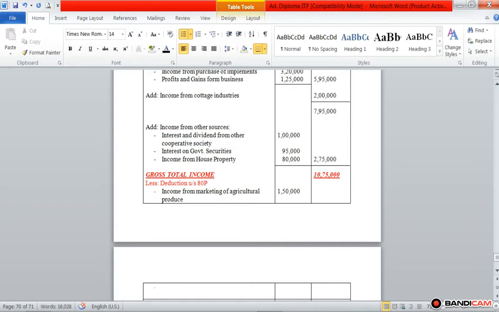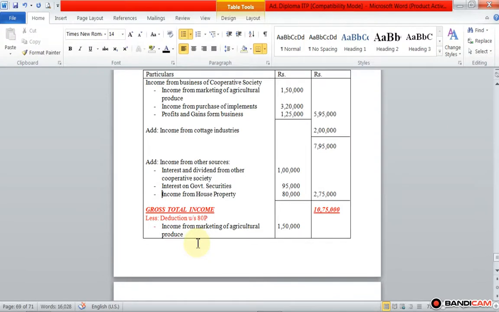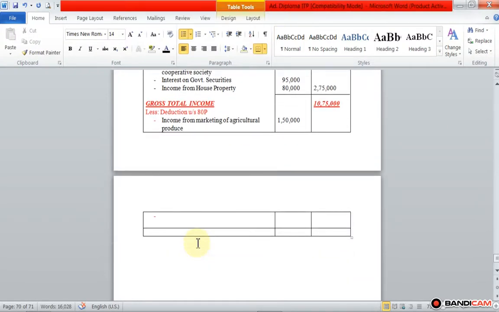Then the second deduction here is income from purchase of implements and supplying them to the members. So it is allowed for a deduction if a cooperative society has purchased implements and supplied them to the members.